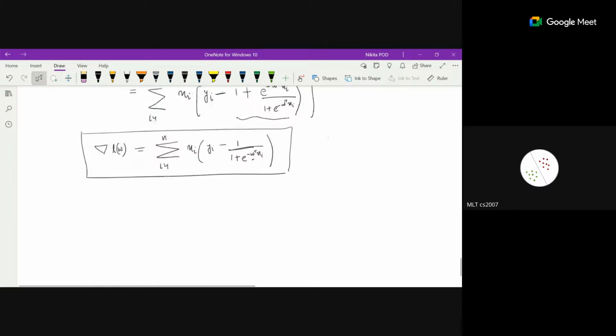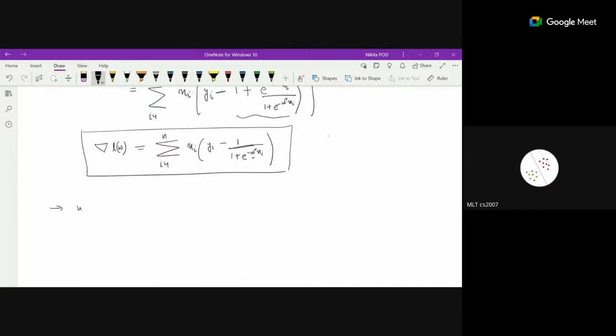So in gradient descent, what we have seen is that W(t+1) is W(t) minus a step size times grad of log of L(W). But since we have this maximization problem, we can use the gradient ascent algorithm.